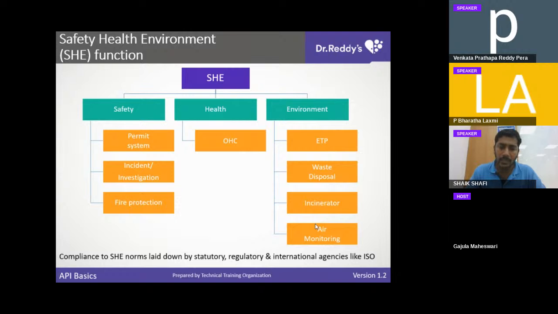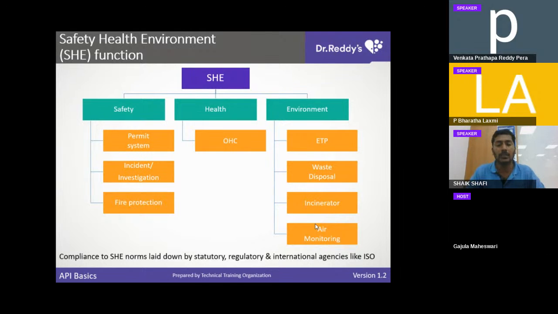An incinerator is used for different types of compounds, I mean carcinogenic compounds generated from the burning process. Again, air monitoring falls under the pollution control board. Their people will come with some instruments and check air monitoring in the manufacturing area.